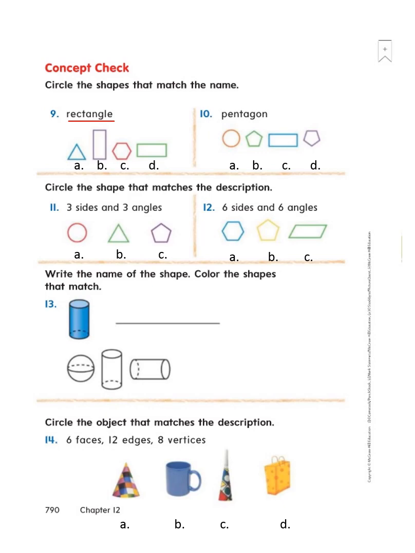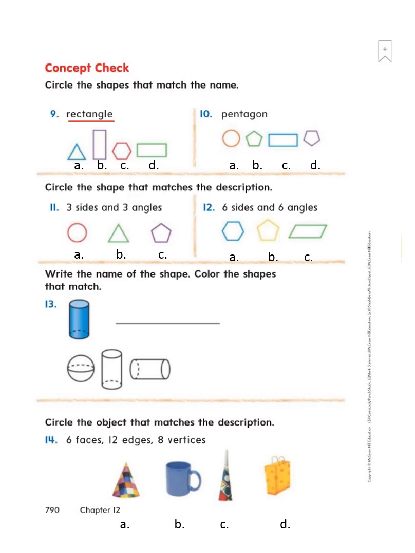Number 13, write the name of the shape. And color the shapes that match. Don't worry about coloring. Just write down the shape that you think this is. The blue one.